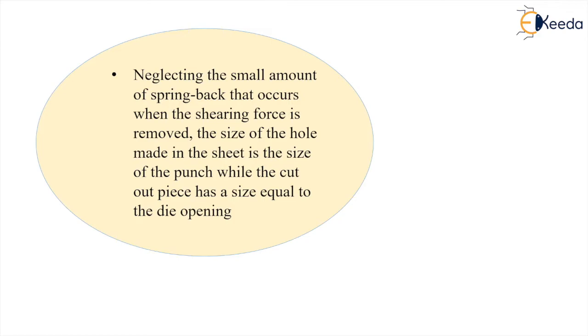In punching you are not bothering about the size or accuracy of the blank produced, but you are concentrating on the hole. In blanking operation, we are concentrating on the disc that is produced and not bothering about the hole. That disc is subsequently going to have the next operations to make the part.